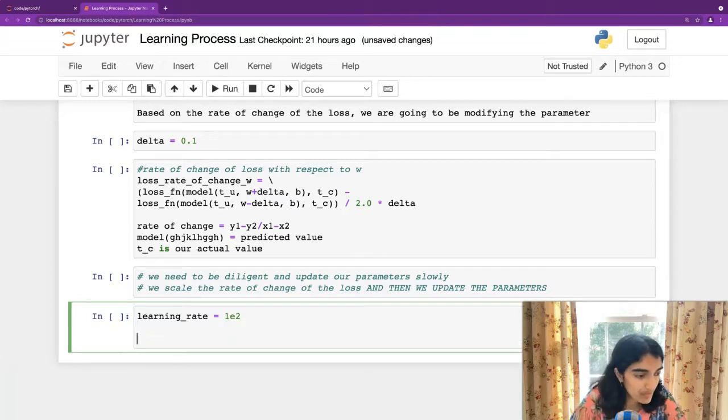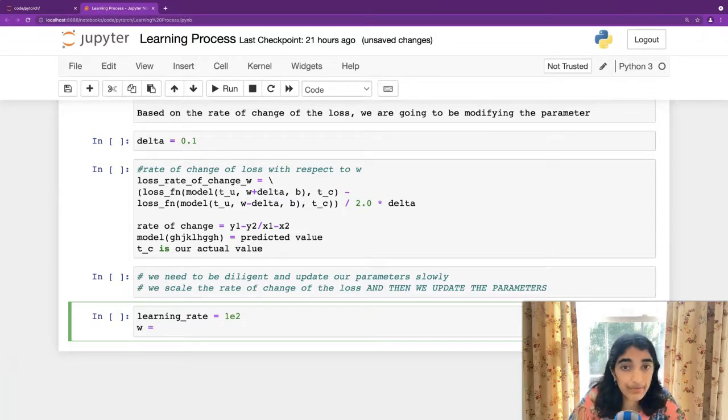So we have W. We're redefining our weight as our original weight, which was initialized randomly, and we're going to subtract the learning rate.